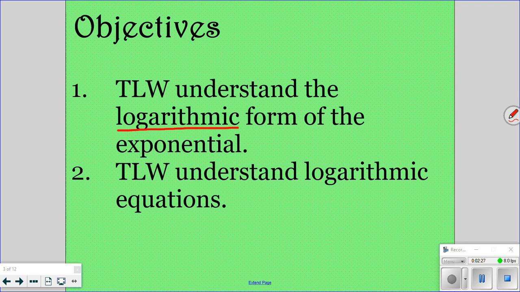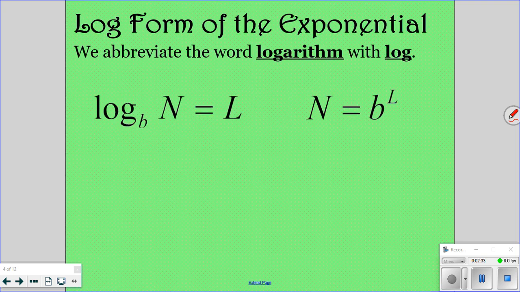Hopefully you'll understand how to deal with them in exponential form and how to solve the equations. We just say log. We abbreviate it. There's no need to actually say it out, but if you want to, you can.